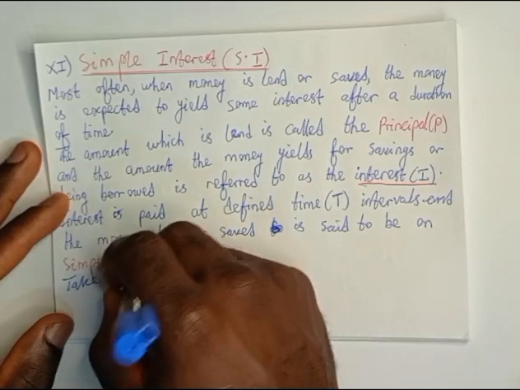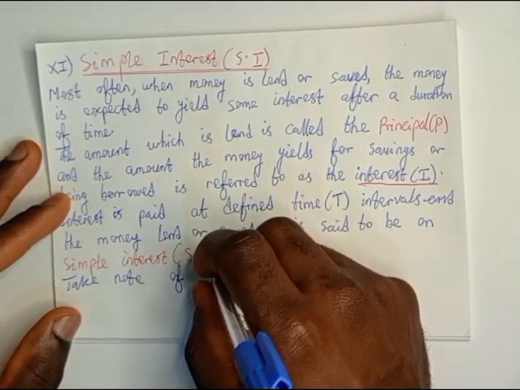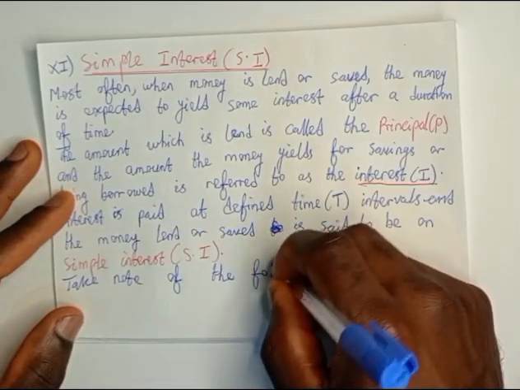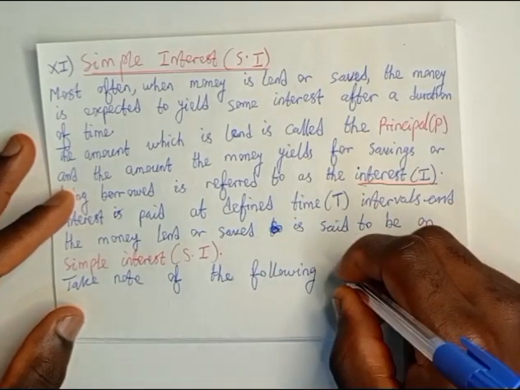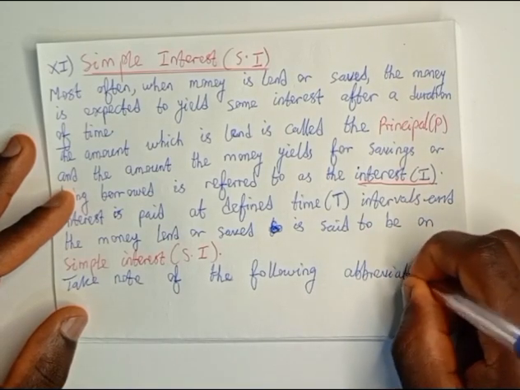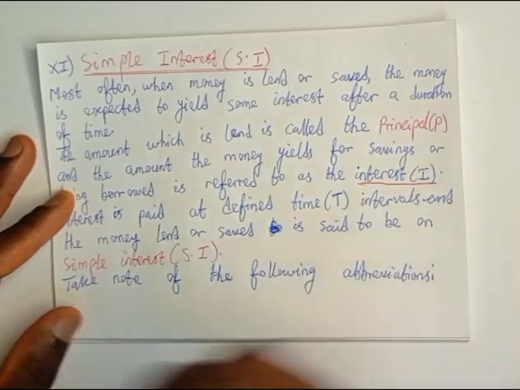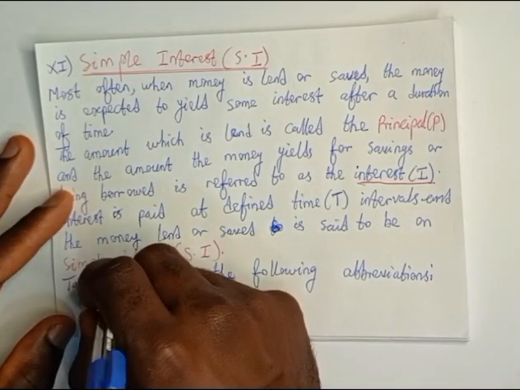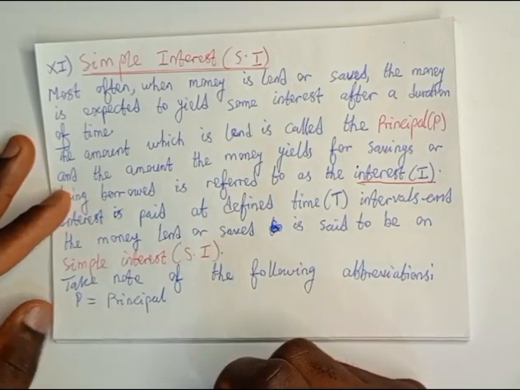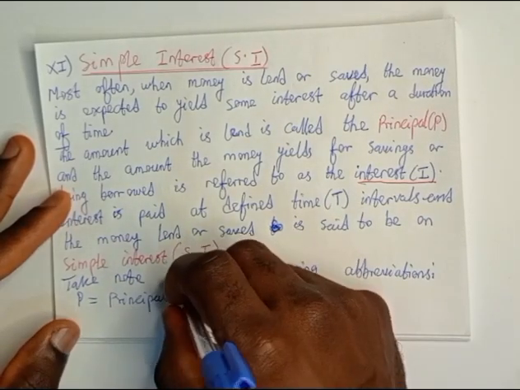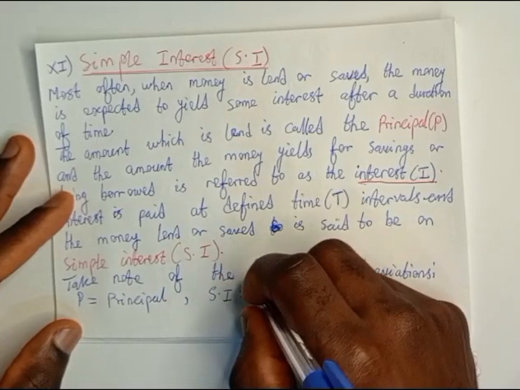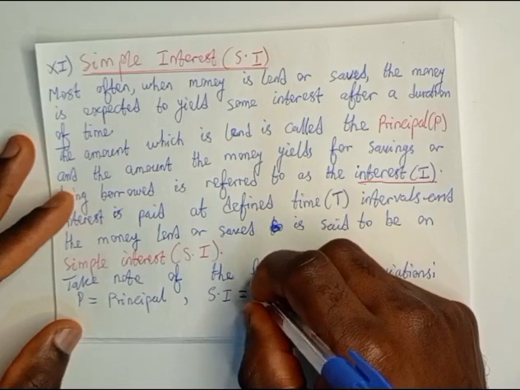Take note of the following abbreviations. They are very important. First one, we have P, which stands for the principal, which is the amount being saved or the amount being borrowed. Next, we have SI, which stands for the simple interest.